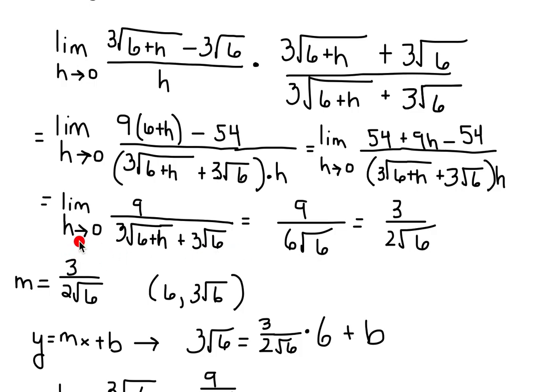Now I can use direct substitution without getting 0 in the denominator. When I plug in 0 for h, I get 3 times the square root of 6 plus 3 times the square root of 6 in the denominator, which would give me 6 square roots of 6. So I have 9 over 6 square roots of 6, and that will simplify to 3/2 with the square root of 6 still in the denominator.